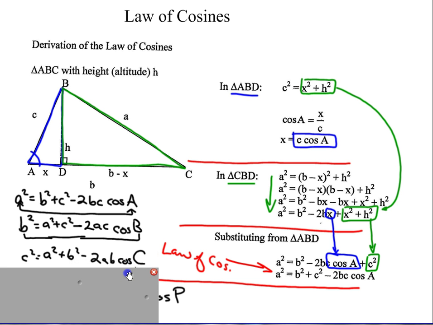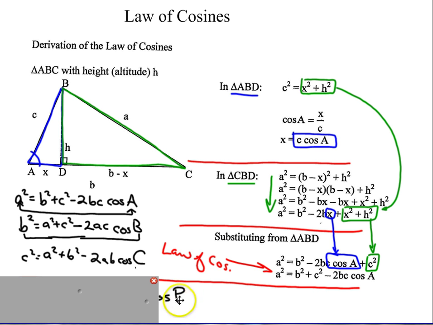So hopefully you wrote something like this. Angle C is the angle involved, therefore side c is the one that's by itself, and a squared and b squared match up. Finally, let's not even use a, b, and c. Let's forget that altogether and involve a triangle where we have sides m, n, and p.